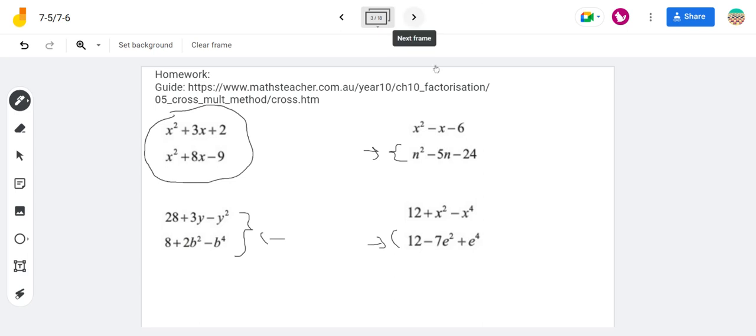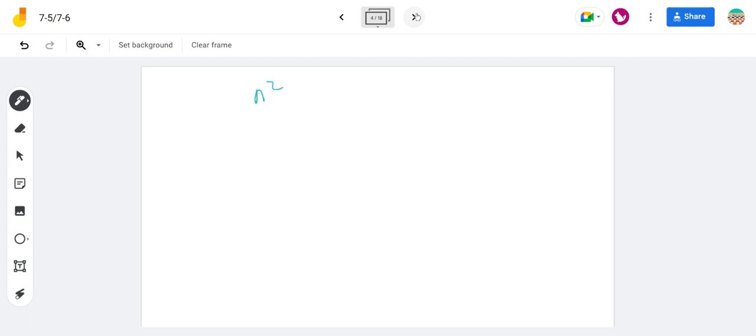Yeah. So this with an arrow over there, there's 1, 2, 3, 4.